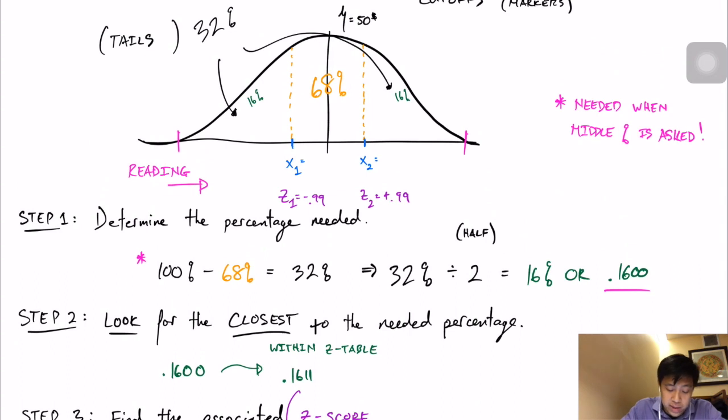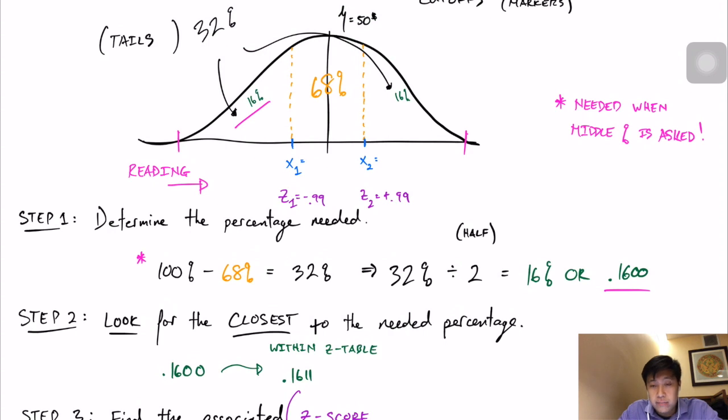We have this portion right here that we found from left to right, 16%. Now if you still wanted to stick to the left to right method, you could add 16% to 68%, and then that will give you the marker for x sub 2. But that's so much extra work, right?